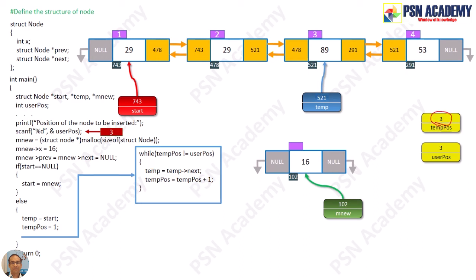Now it becomes 3. Now what do you see? Temp pose and user pose is matching. That means we stop the loop. So we have got temp on that position where the user wants to insert the new node.